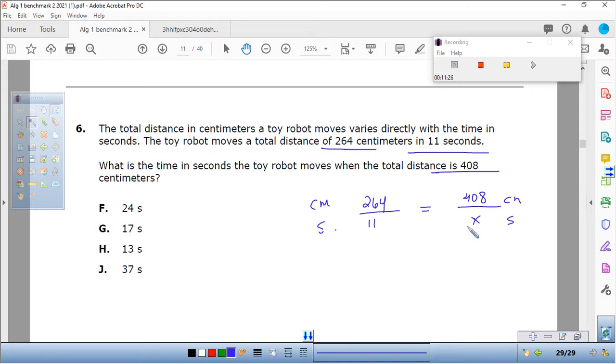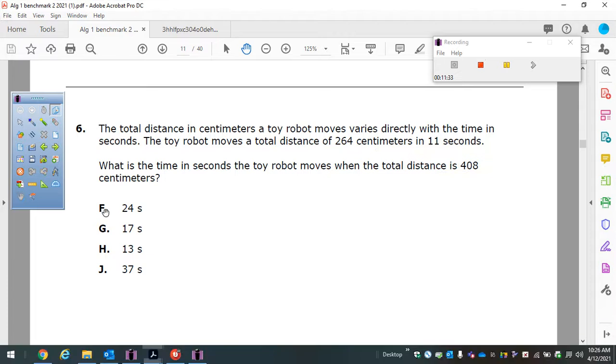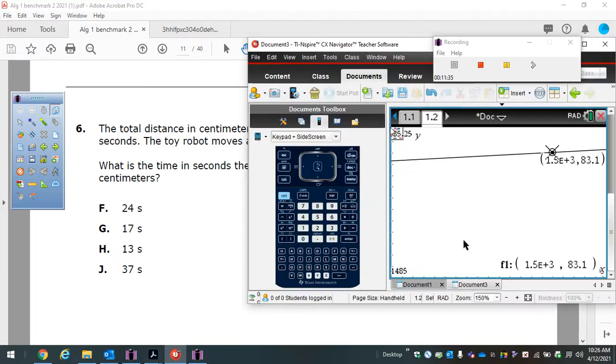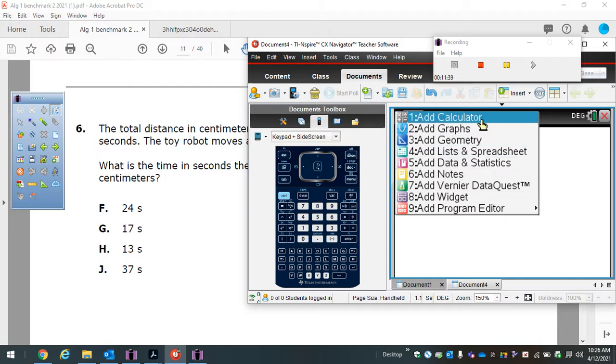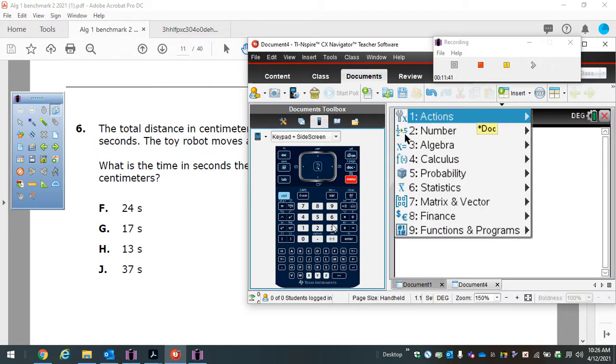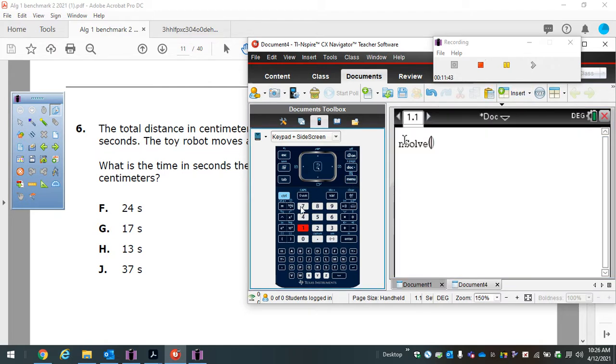You okay? So we're going to go here. I'm going to show you nSolve, just so you don't forget nSolve. Menu, new calculator. Do not save anything from before. And we go to menu, 3, 1, control division sign, set up this fraction, and then make it equal to this other fraction.